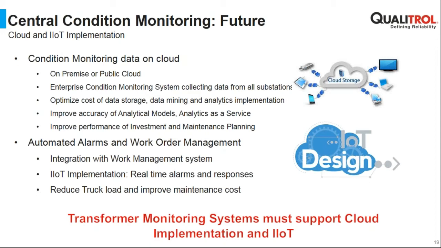So effectively, it is reducing a one truck load of finding what is the problem with the asset. With this approach, your transformer monitoring system should support cloud implementation and the industrial Internet of Things, IoT.